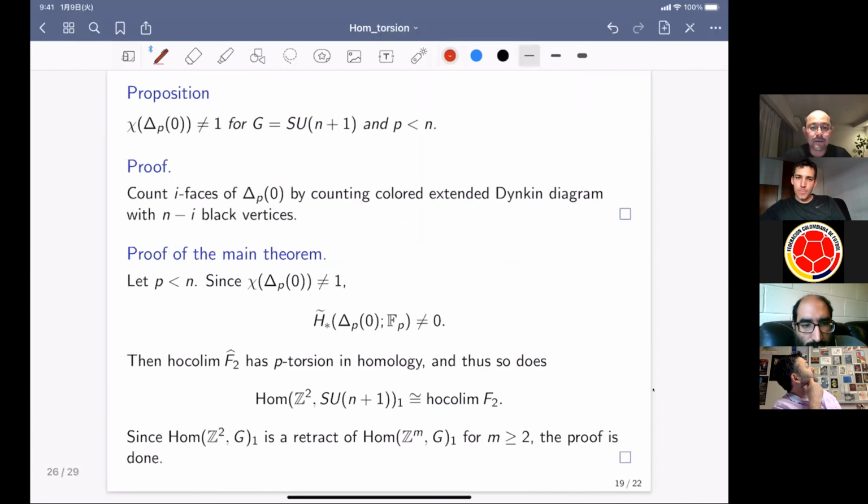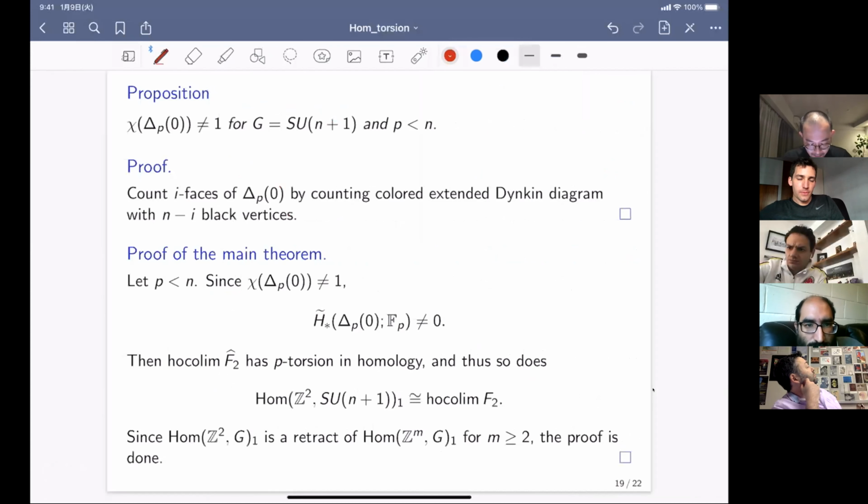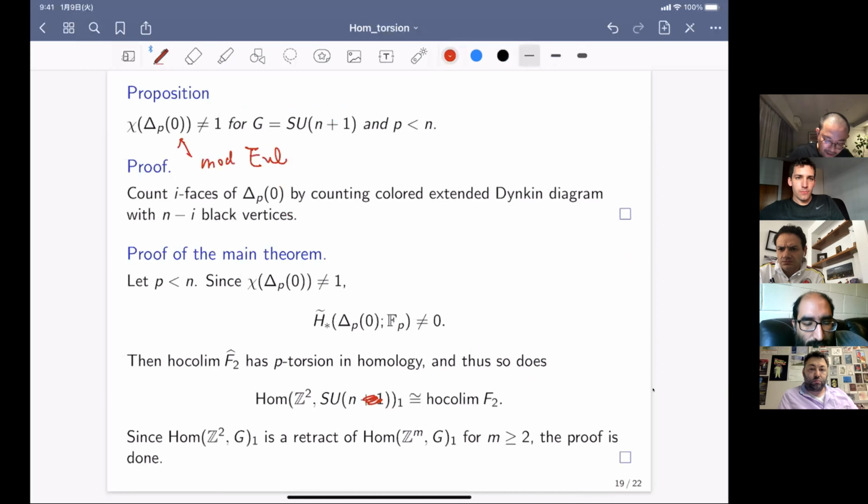Then now we can prove the main theorem. Now let P be a prime less than n. Since the Euler characteristic of delta p0 is not 1, this is a mod P Euler characteristic.